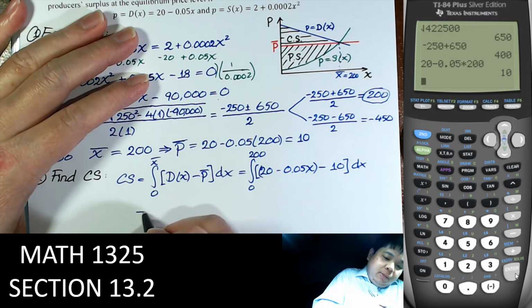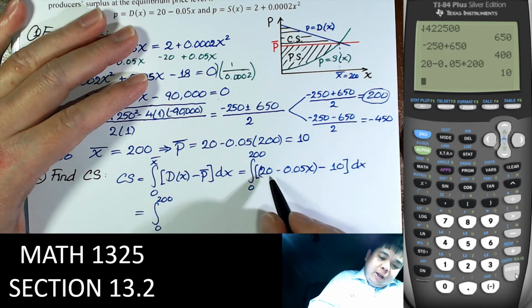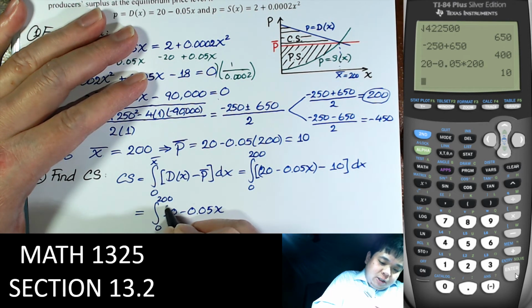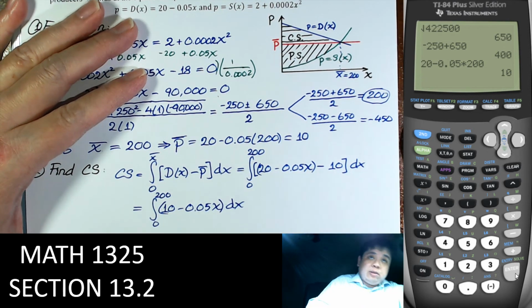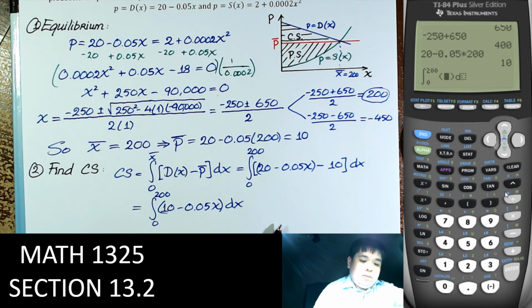So 0 to 200 of 20 minus 10, so that is 10, minus 0.05 x dx. I'm just going to use a calculator here. That gives us 1,000.